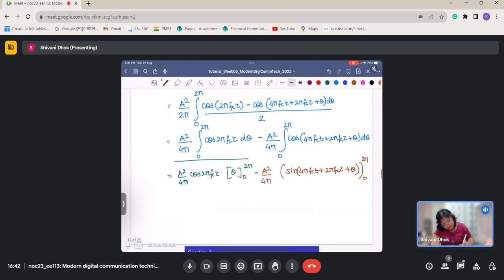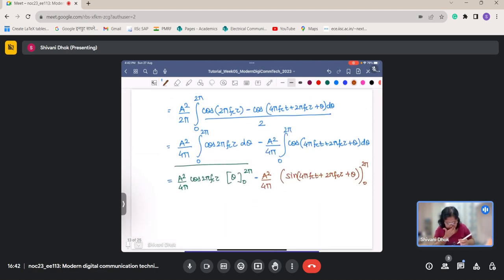Now the first thing here is a square upon 4 pi cos 2 pi fc tau, and the limit gives simply 2 pi. So this is basically a square upon 4 pi into 2 pi, minus a square upon 4 pi.